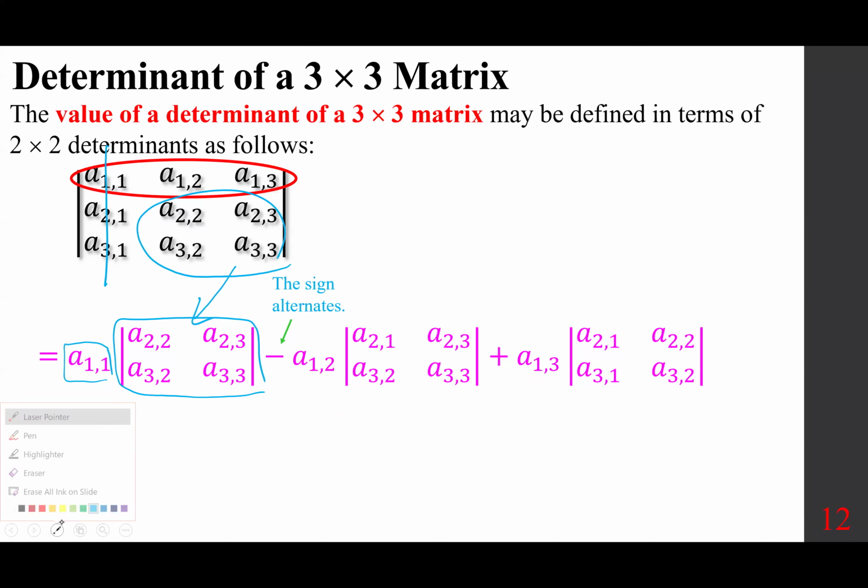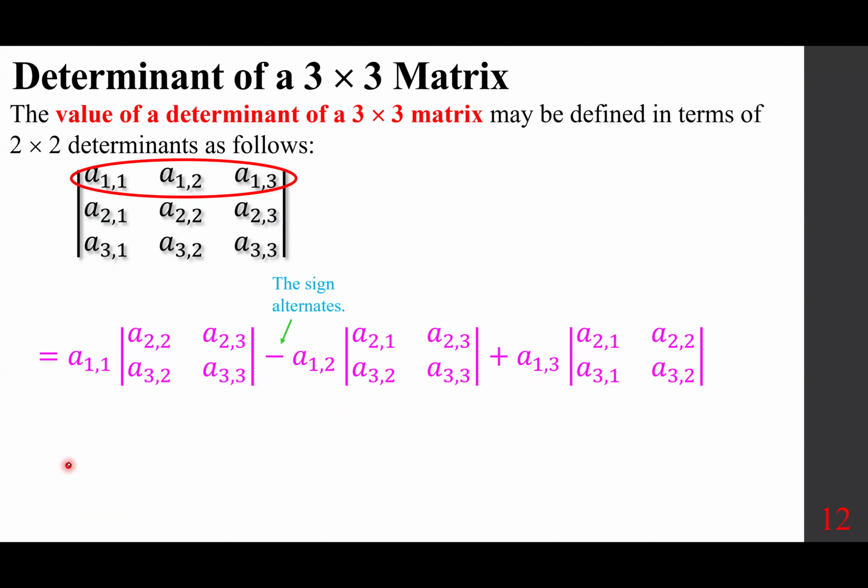Let me erase my work again. So for A12, you cross this one now. So you have A21, A23, A31, and A33.